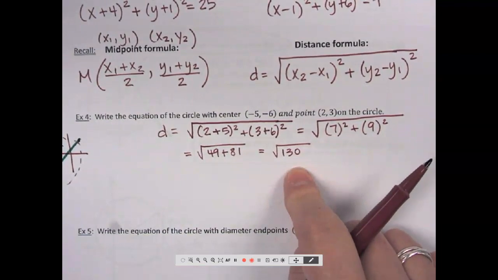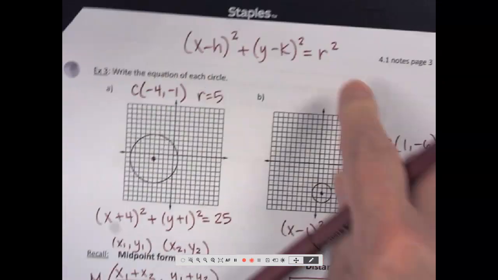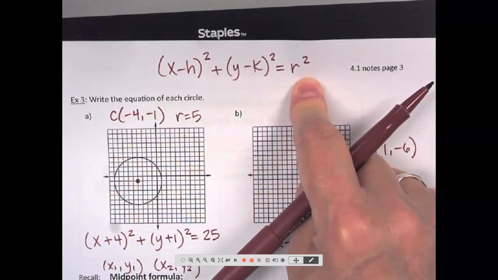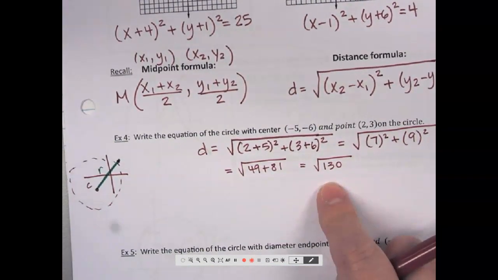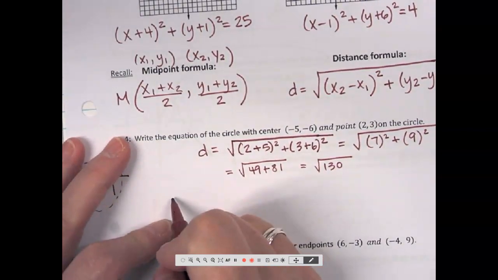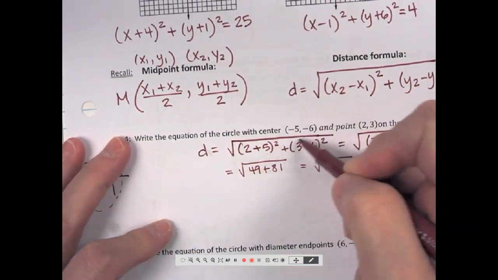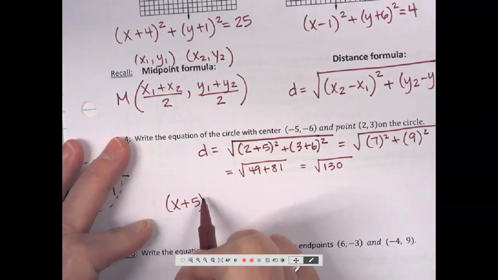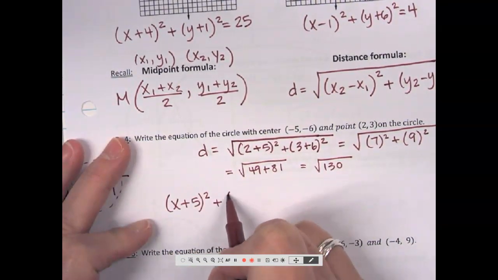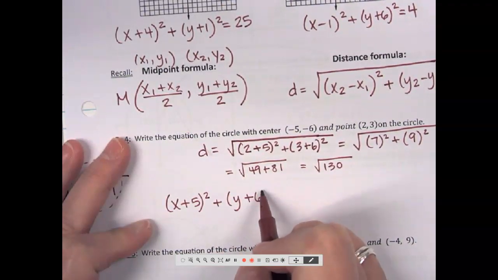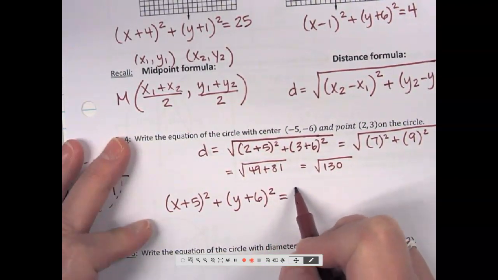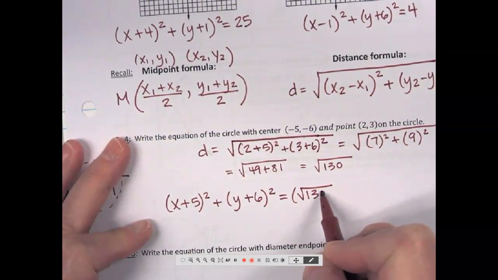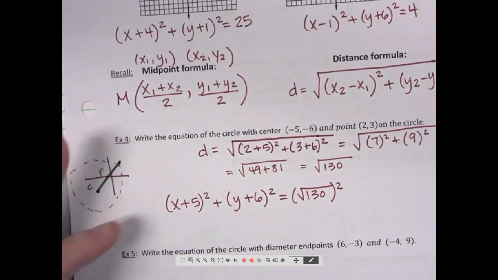And I don't really want a decimal for it because when I write the equation, remember we're going to square this quantity. So when I square the square root of 130, it will just become 130. Okay, so here's my equation. Remember, this is your center point. X plus 5 squared plus y plus 6 squared equals square root 130 squared.